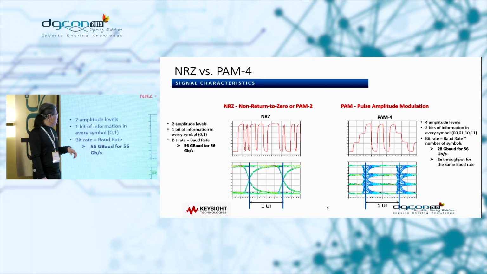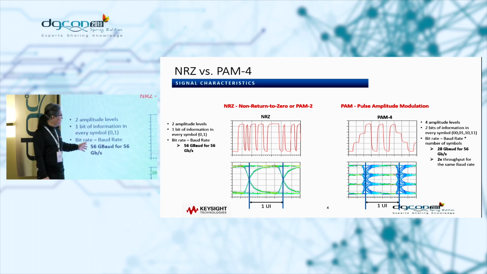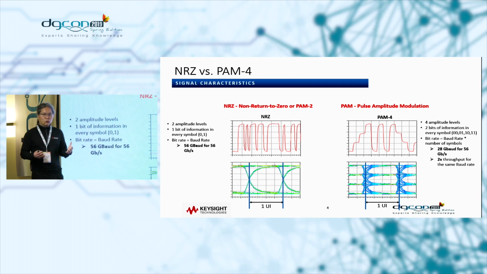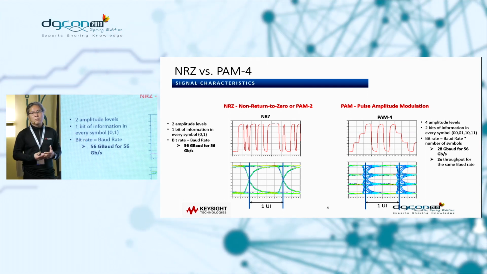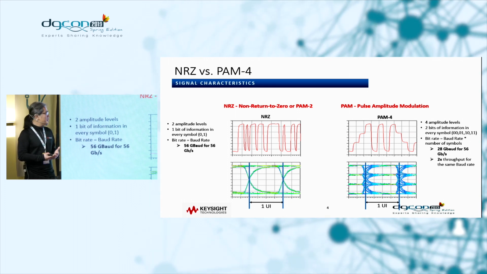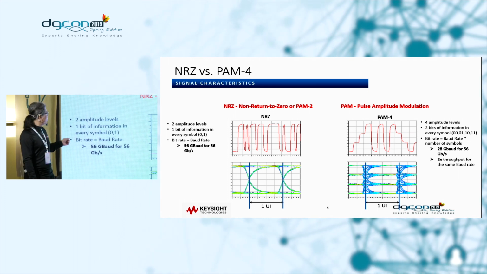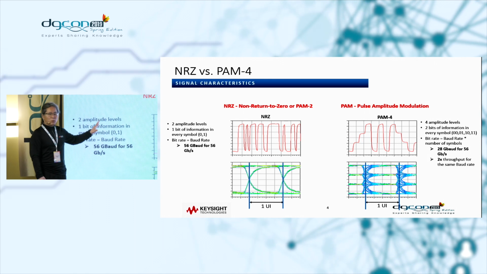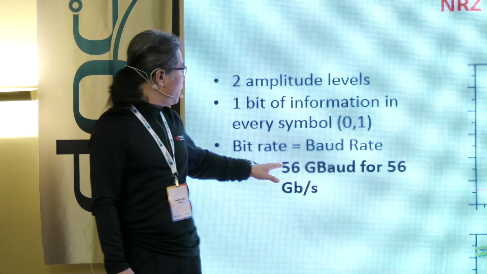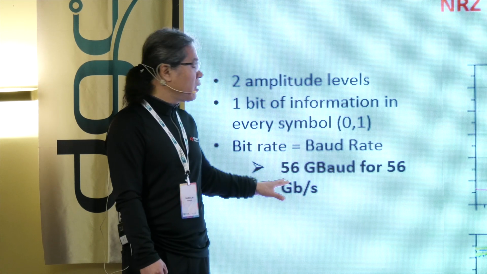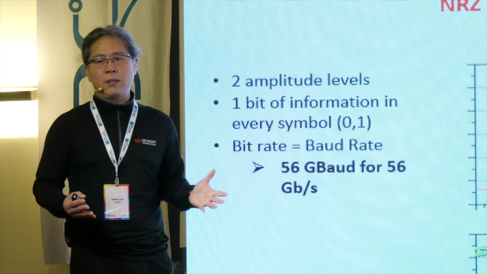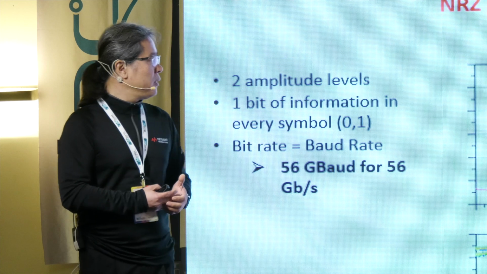Why people are doing it is because it increases the throughput of the system based on this different type of signaling. In the case of PAM2 or NRZ, it is 56 gigabaud for 56 gigabit per second, the same bit rate as baud rate.